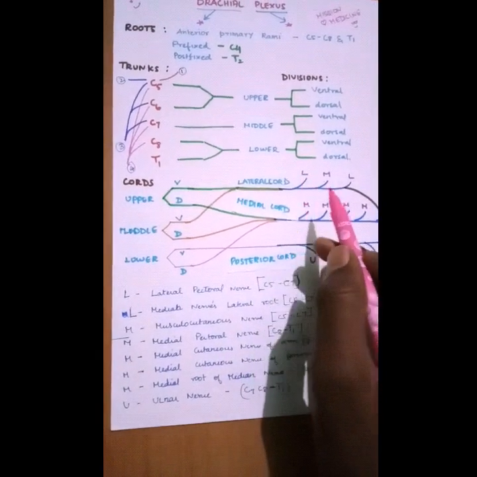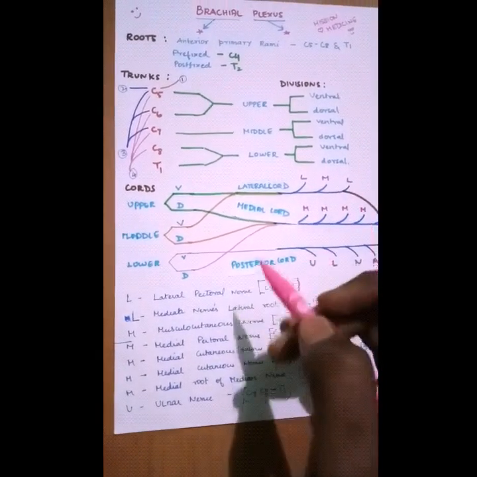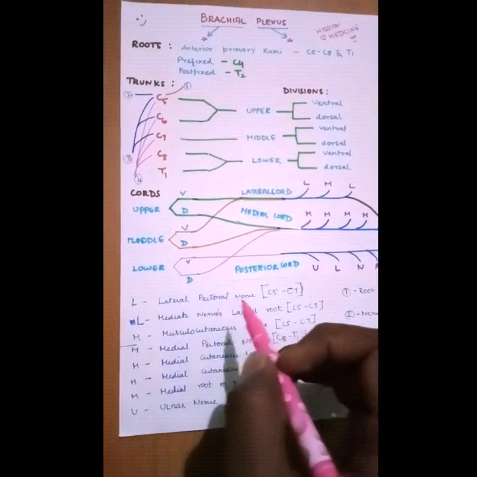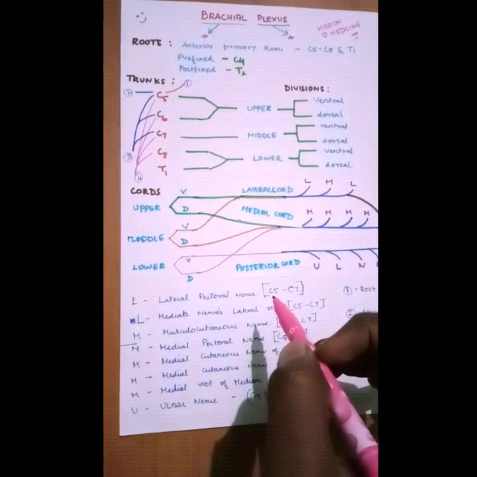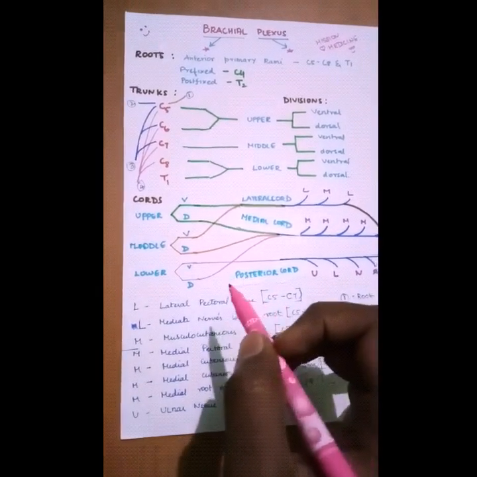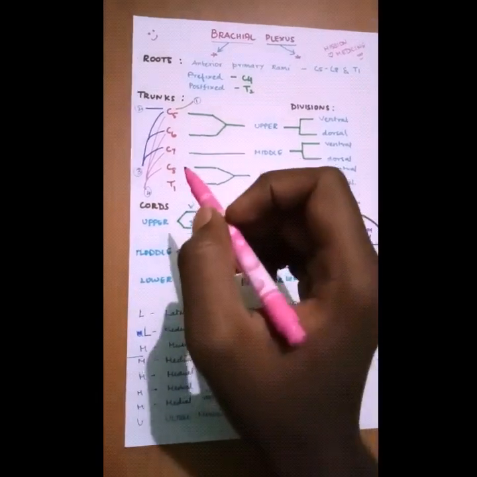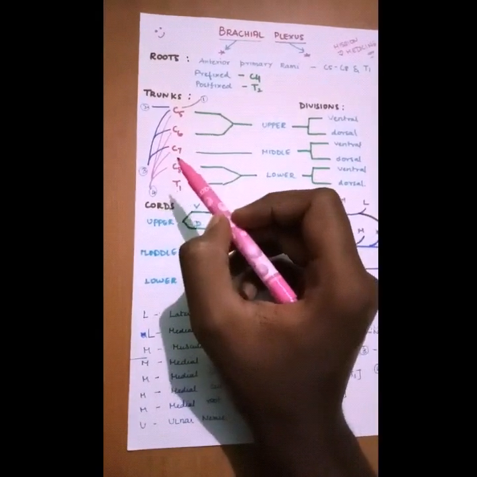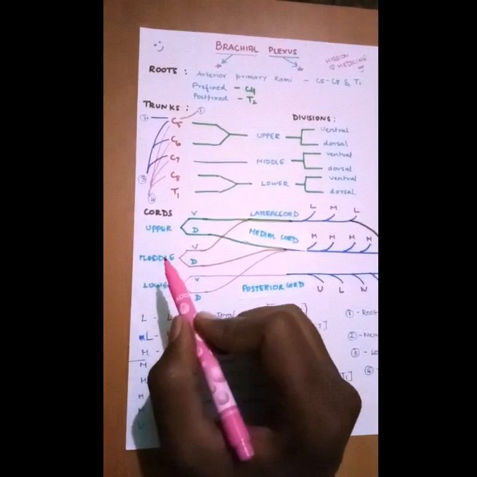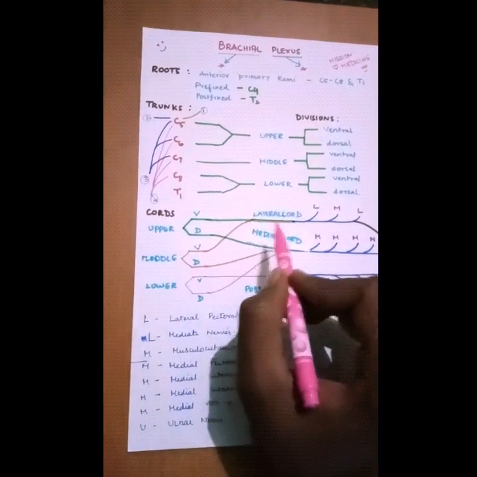The first, L, M and L. Here we go. The first L is for the lateral pectoral nerve. The roots are C5 and C7. As we see there, C5 and C7 come here because of the ventral division of the upper and the middle trunks forming the lateral cord.